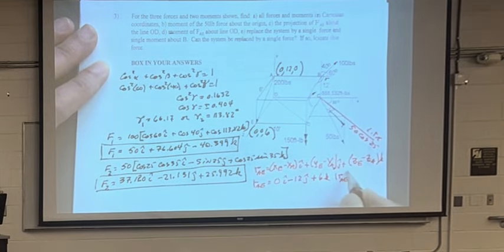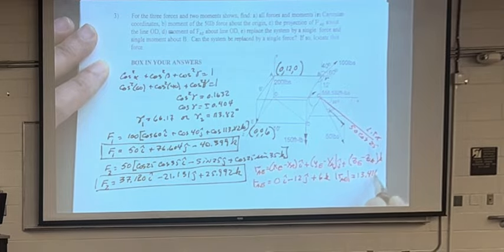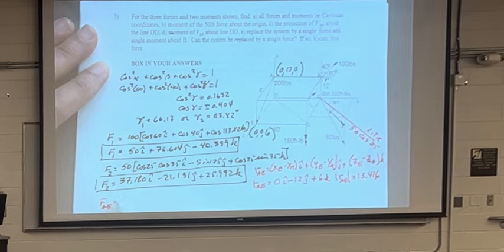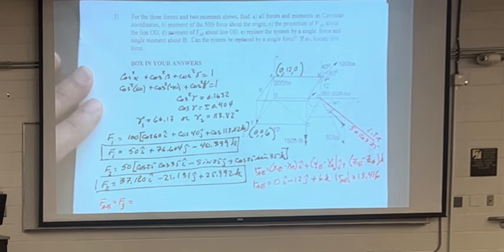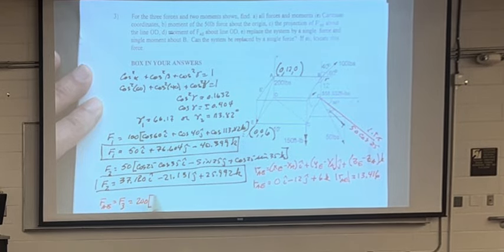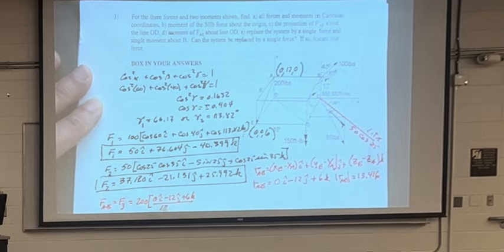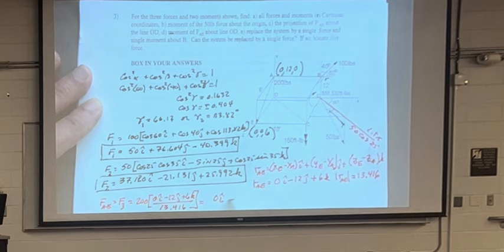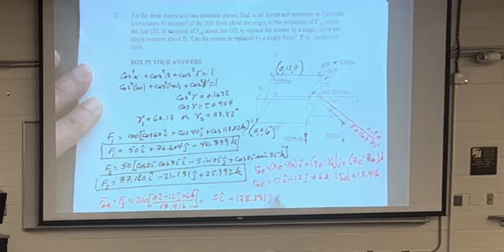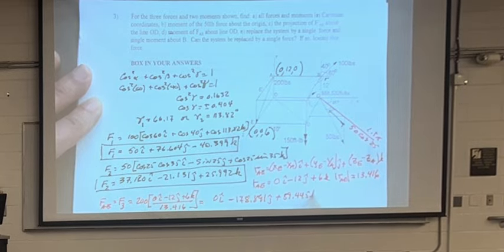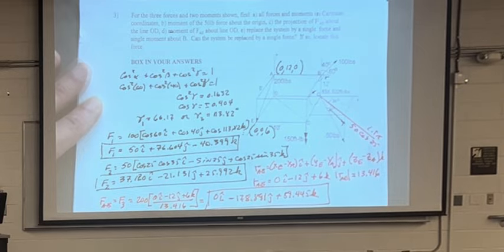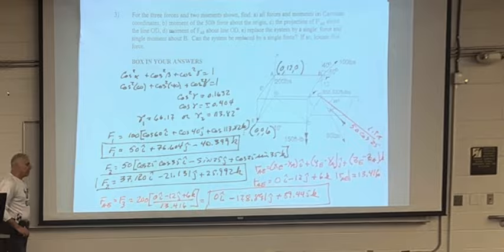Magnitude of AE is 13.416. Therefore, FAE, or what I'm going to call F3, is equal to 200 times (0i minus 12j plus 6k) divided by 13.416, which gives me 0i minus 178.891j plus 89.445k. Those are all the forces that I see in there.